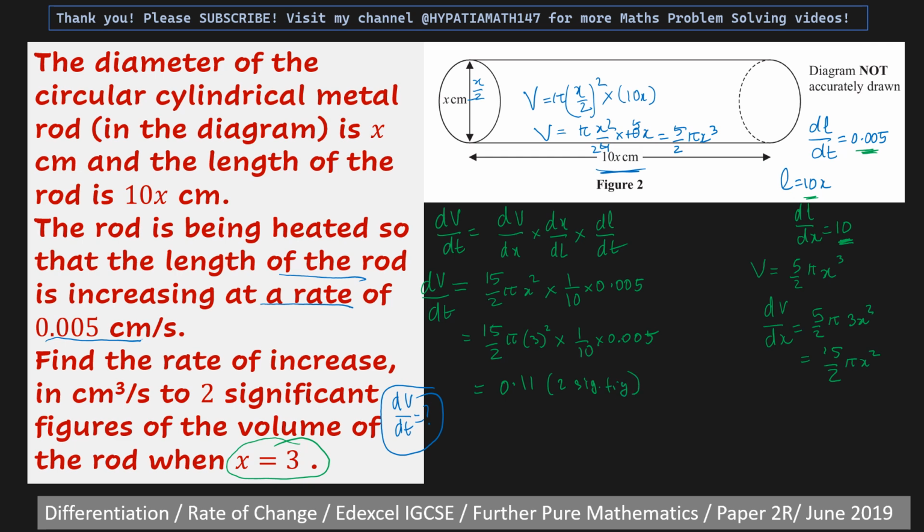And that is the answer. The unit is centimeter cube per second, and that's the answer, 0.11.